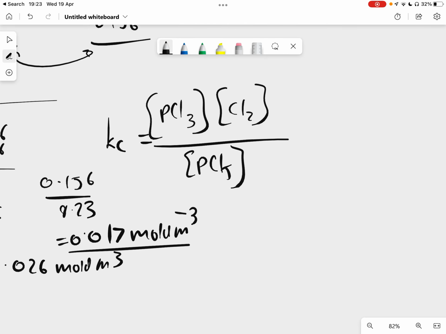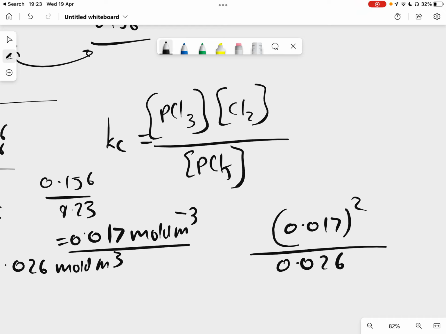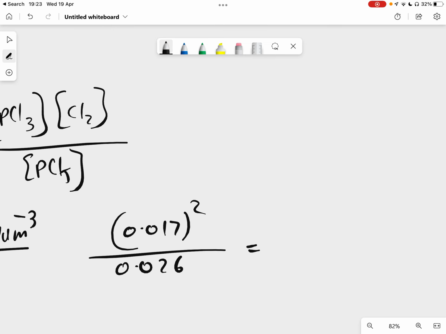So we can write this now as 0.017 squared all over 0.026. We divide that and get an answer of Kc being 0.0111. Now that's telling us that we have a low product value.